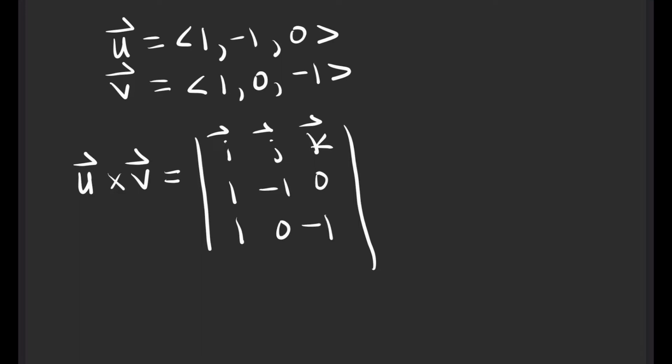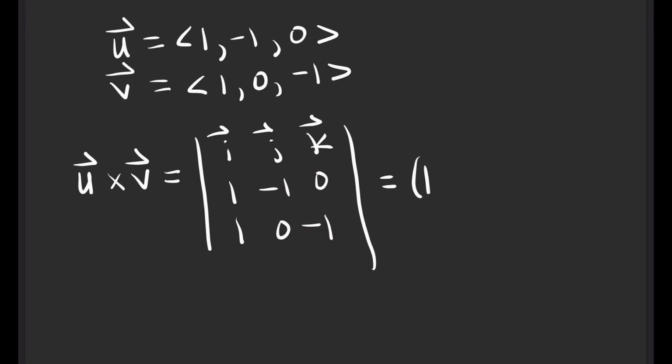And for our i's, it's going to be negative 1 times negative 1, which gives us 1, minus 0 times 0, which gives us 0.